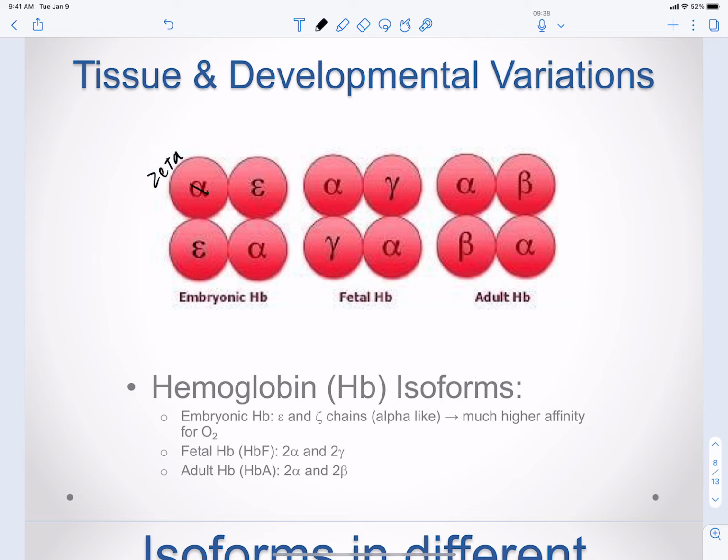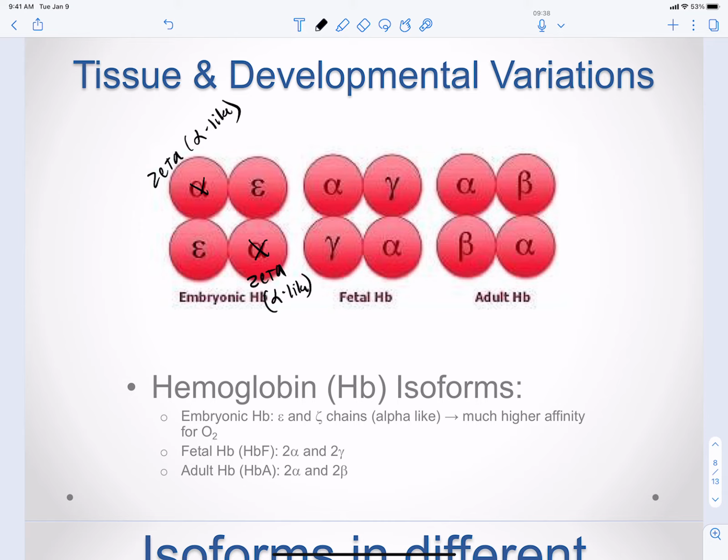So this is really zeta, which is alpha-like. Okay, and then when you get to your fetal, you're going to have 2 alpha and 2 gammas. And then when you get to your adult, your gammas are going to be swapped out for your betas.